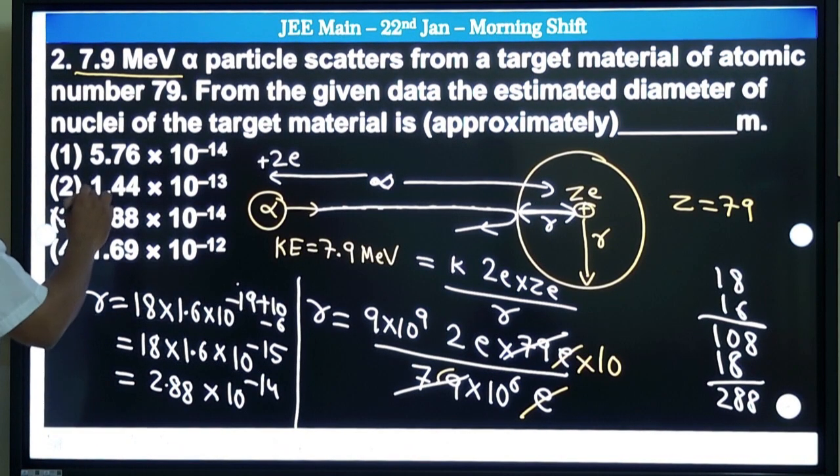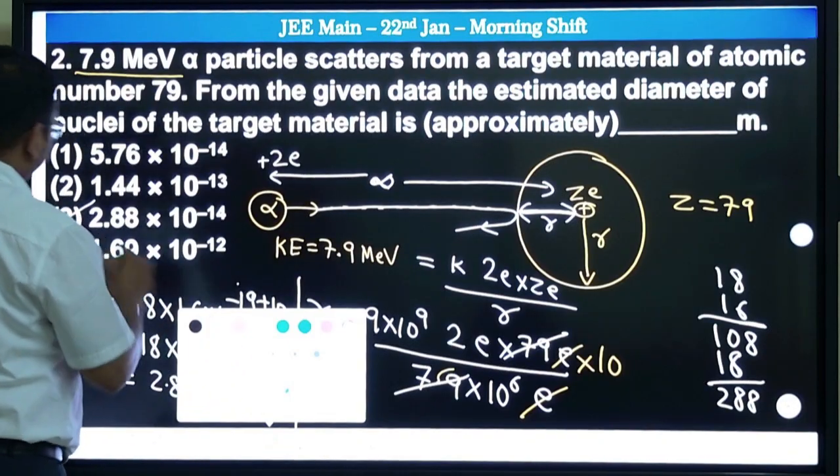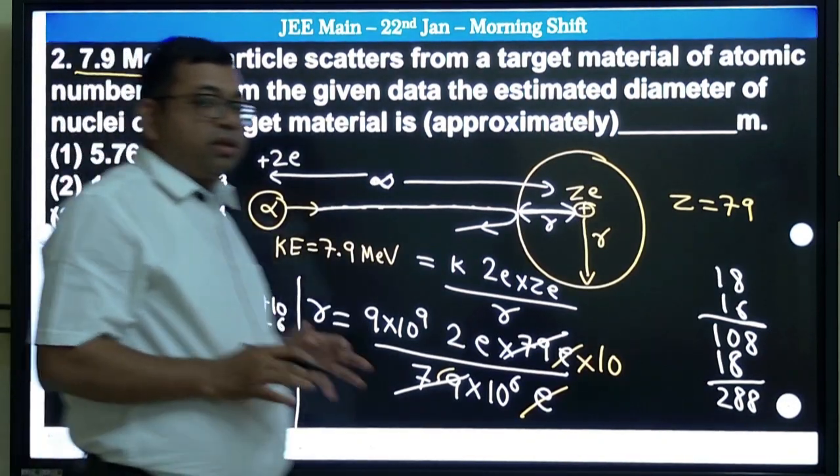So the third option is the correct answer. Yes, so let us move to the next question.